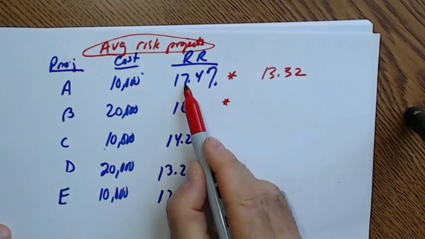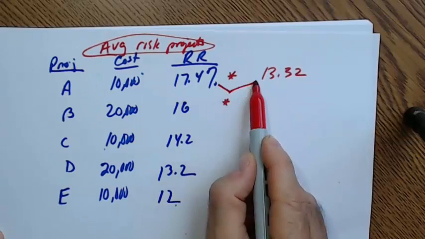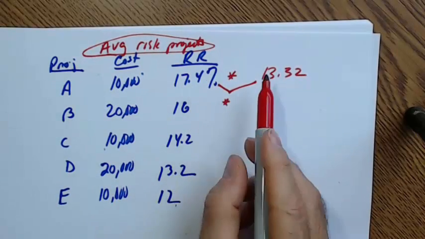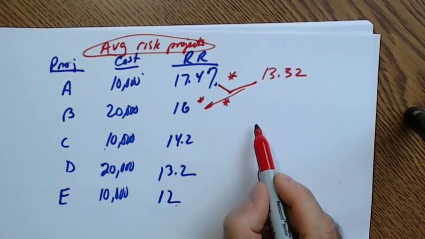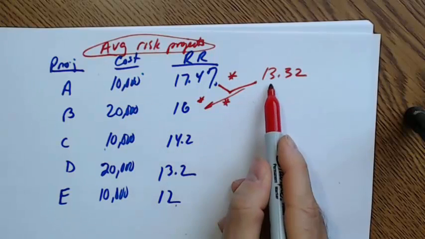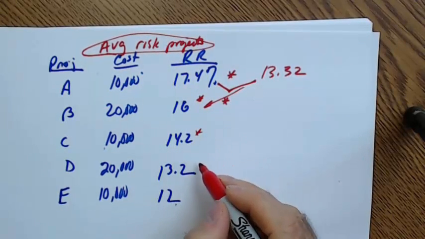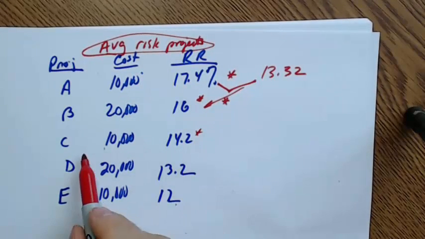So this project earns 17%. It's costing us 13%. We're going to make this much in profit in terms of a percent here. So we're going to accept A. For the same reason, we're going to accept B. It's a little less profitable, but it's still earning more than what it's costing us. C is good, and D, ooh, look at D. D didn't cut it.